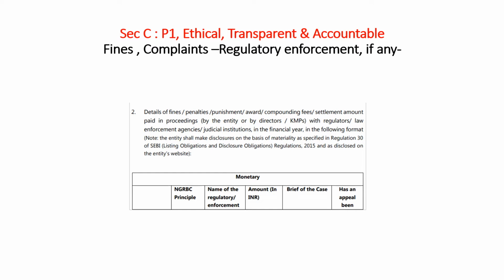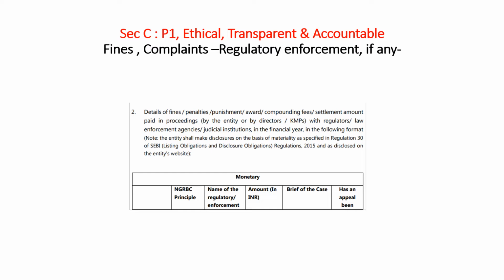Details of the fines, penalties, punishment, award, compounding fees, settlement amount paid in proceedings by the entity or by the directors or key management personnel with regulators, law enforcement agencies and judicial institutions in the financial year, in the following format, is to be given.